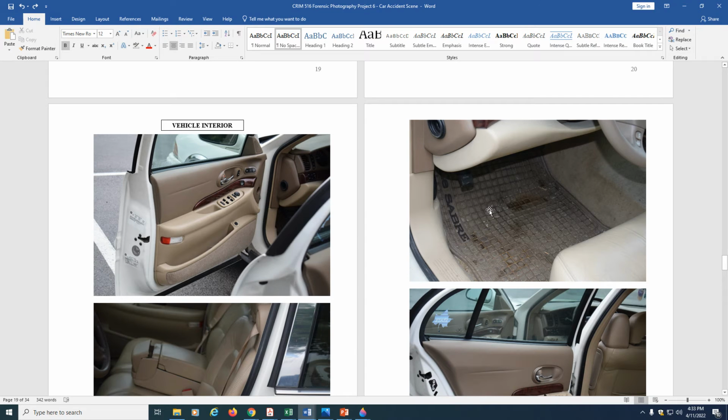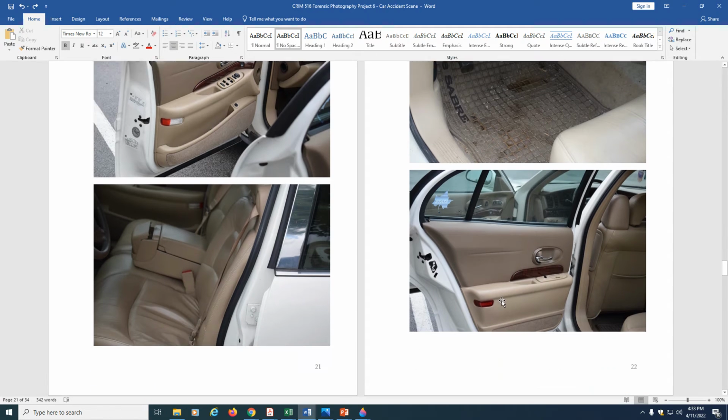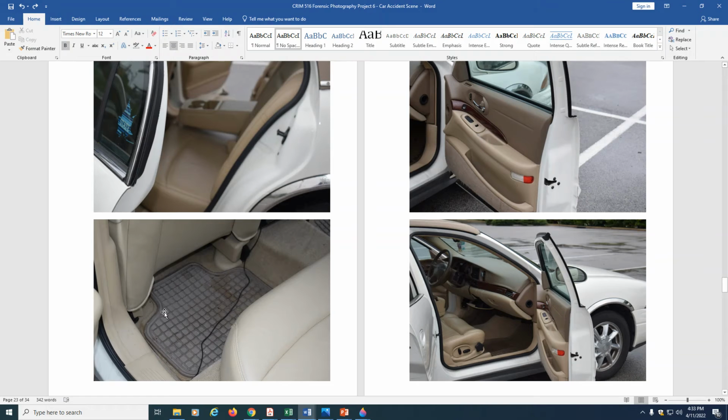Do that same thing for, just like I said before, the same process we went around the vehicle for outside stuff, doing the same thing for internal stuff. Backside or back driver's side, door panel, door itself, or excuse me, the seat itself, and then floorboard.